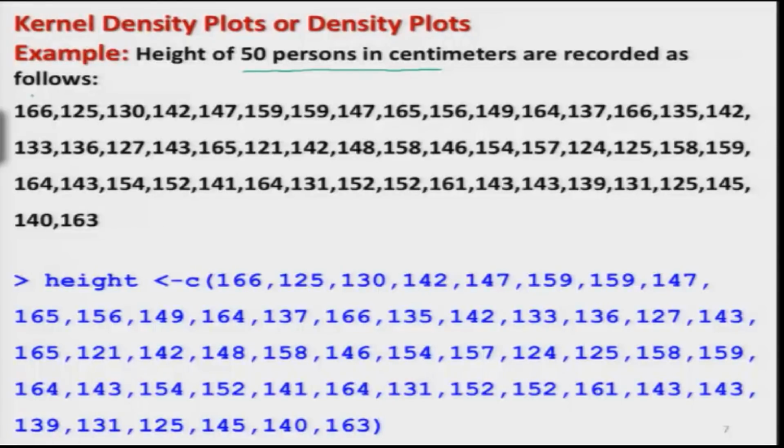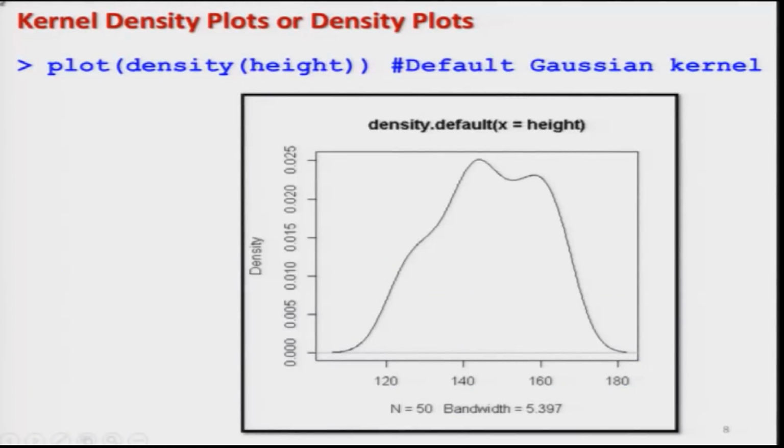This data has been stored in a variable here, height, and after this, if you want to plot the kernel density plot, then the command in R software is plot density.